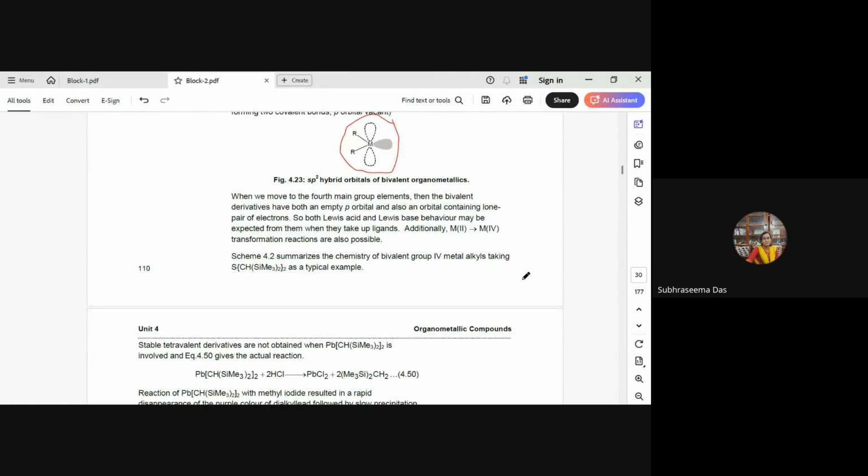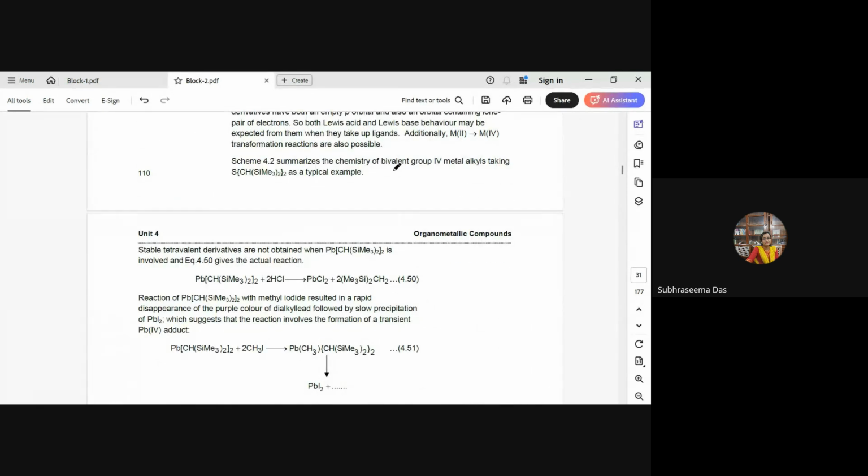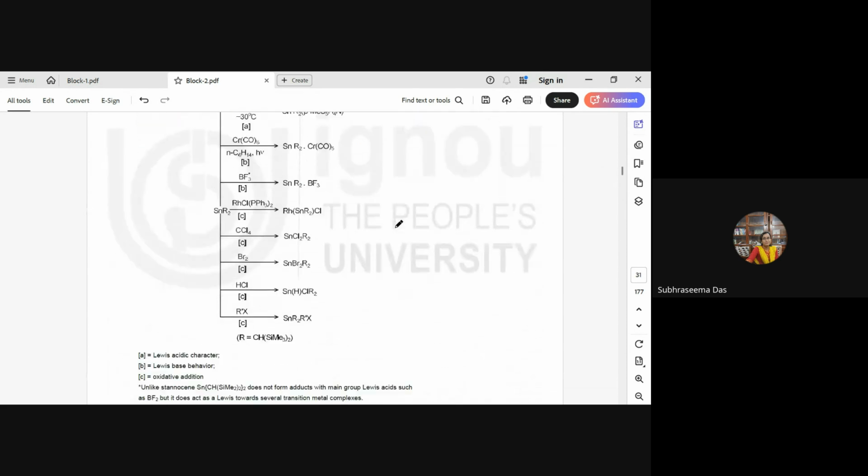When we move to the group 14 elements, the bivalent derivatives have both an empty p orbital and also an orbital containing a lone pair of electrons. So both Lewis acid and Lewis base behavior is expected from them. Scheme 4.2 summarizes the chemistry of bivalent group 14 metal alkyls, taking M[CH(SiMe3)2]2 as a typical example.